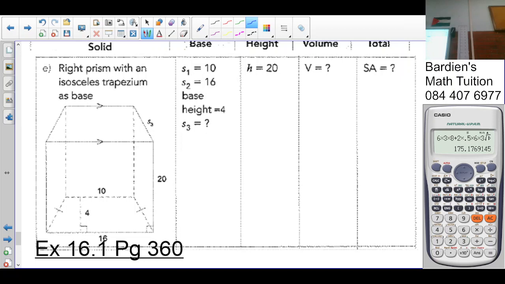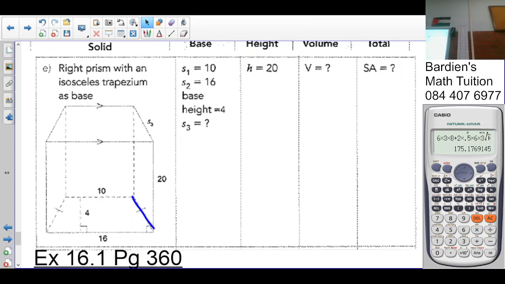So S3 is the same as this side here, right? You will agree with that? So it's 16 here. In other words, that is 16, that is 10, those lengths are the same.